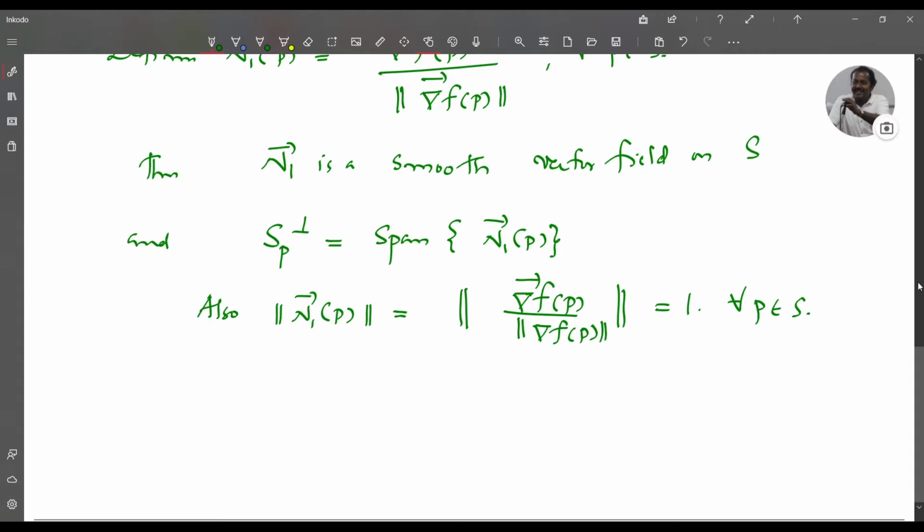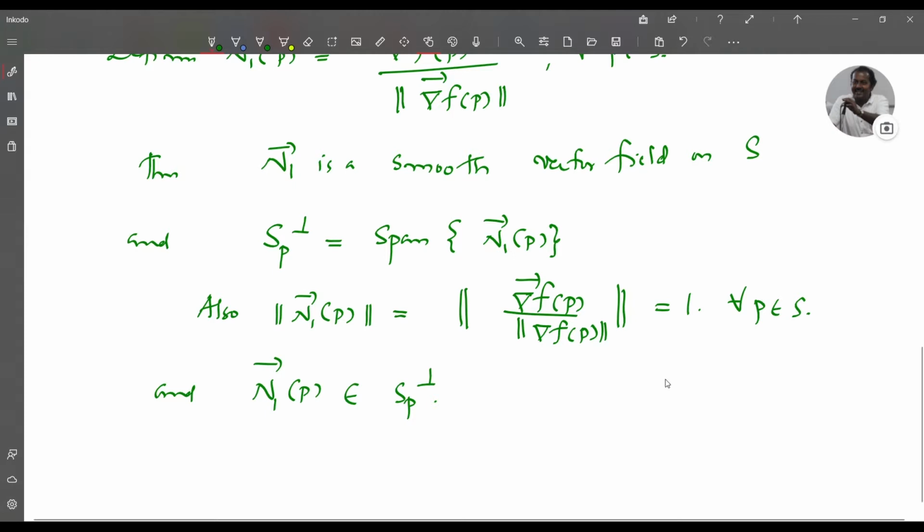And since S_P perp is the span of n1 of P, n1 of P belongs to S_P perp. That is, n1 is an orientation on S. You have n1 belongs to S_P perp and norm n1 of P is 1.